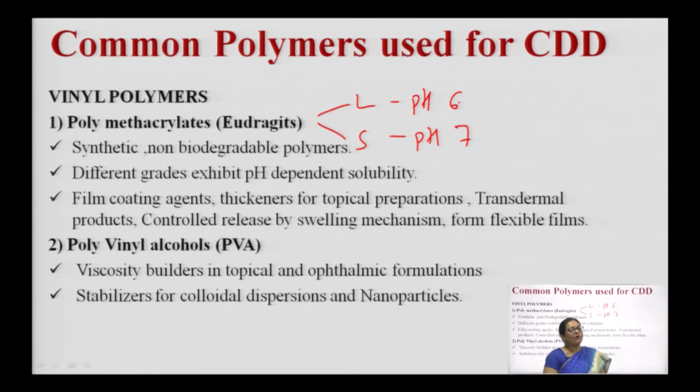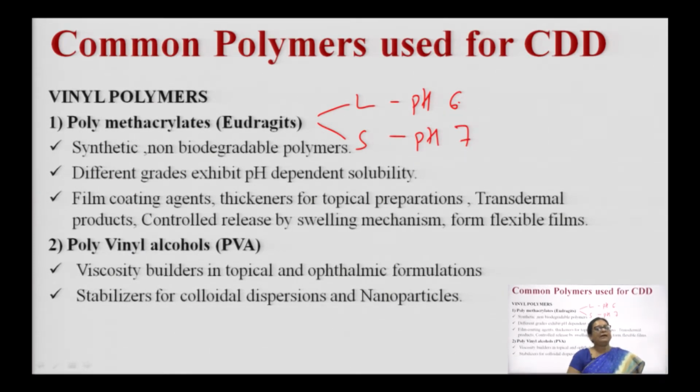They can be used for making delayed release preparations. They have been applied for protecting acid labile drugs, because the stomach pH, which is acidic, at or below 3, can be skipped with the help of Eudragit coatings. So, Eudragits are synthetic non-biodegradable polymers and different grades of Eudragits exhibit pH dependent solubility.